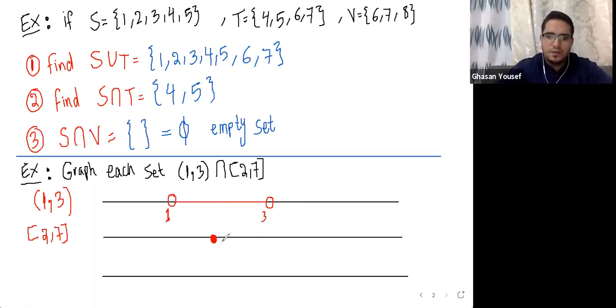This is the 2, and it's closed. The 7 is after the 3, so it will be around here. Closed. So this is 7, and there is a line between 2 and 7. Here is the line.